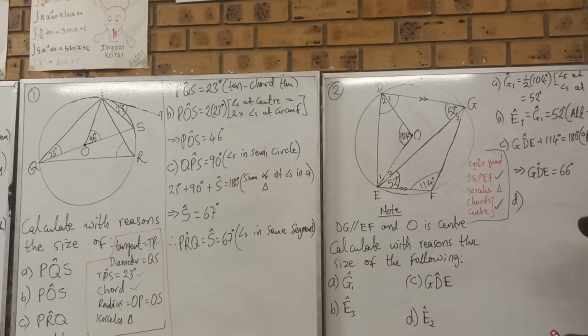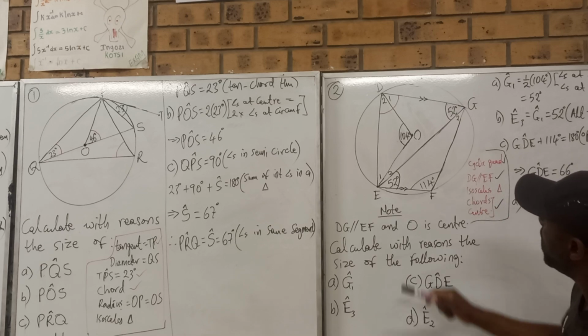Before we go there, if we're looking at our hint again, you see that we are done with cyclic quad. So getting to E2, it's obvious that we have to make use of the isosceles triangle to help us out. It might not be the only thing, but you certainly have to make use of this, because why did they give it to you if you don't want to make use of it?